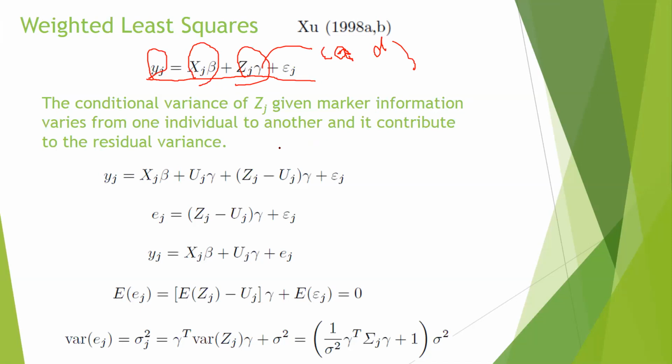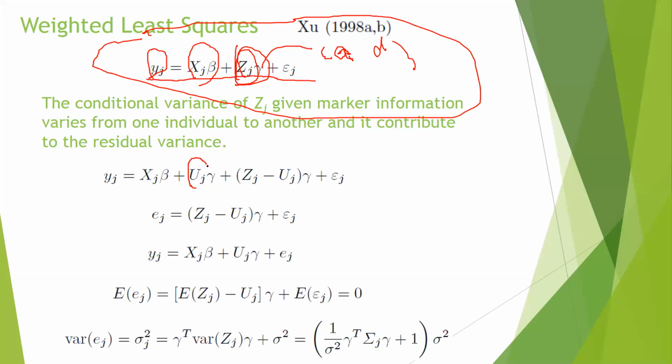All right. So suppose this is the reality. However, we do not know the genotype information at this locus. So we use an expectation of the Z in the model. So then let's see what happened.